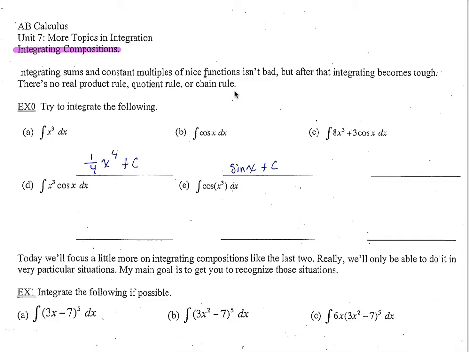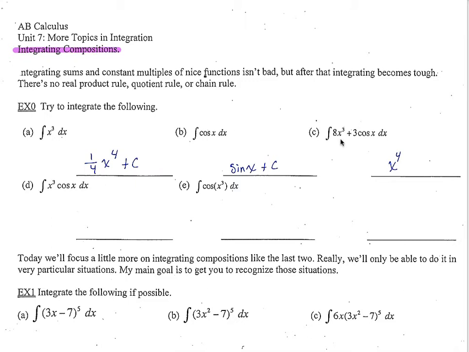And if we want to integrate this here, 8x cubed plus 3 cosine x, this is a sum where you use the term rule. The term rule works just fine for integrating. This is going to be x to the 4th, which then means when we take the derivative of x to the 4th, we'll get 4x cubed.